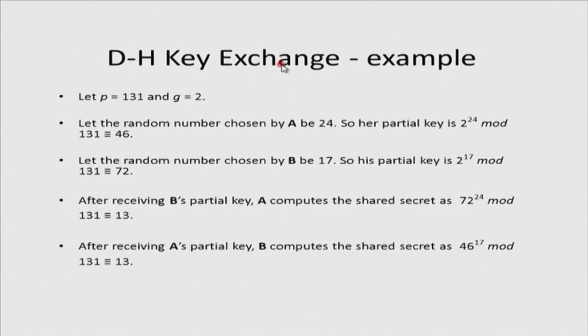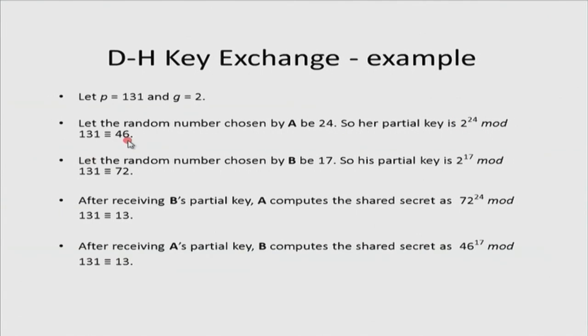So here's a little example which you can try offline. I've taken P equals 131 and generator 2, and let the secret that she chooses be the value 24. So her public key becomes 2 raised to 24 mod 131, which is 46.